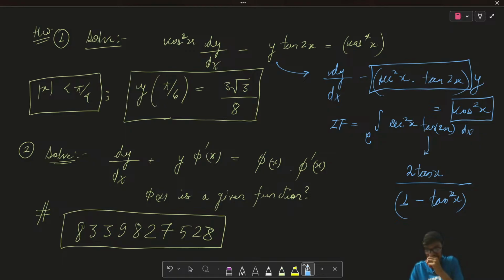So our integrating factor: if you try to solve this integration, it can be solved easily by taking tan x as t, then secant square x dx becomes dt, right?